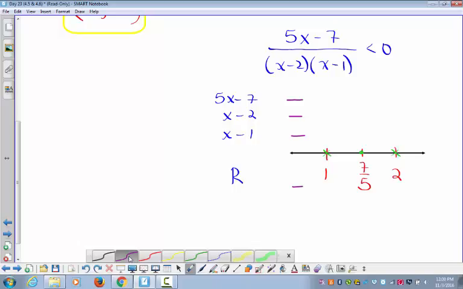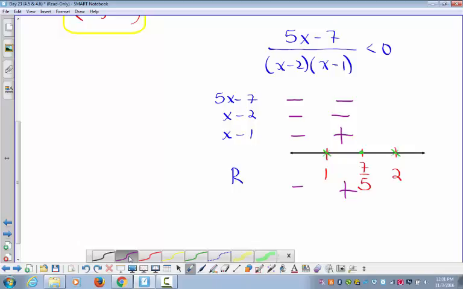So we have 5/5 and 7/5, so an obvious choice would be 6/5. If we plug in 6/5 right here, 6/5 times 5 is 6. 6 minus 7 is negative. 6/5 here is 1 1/5, and if you subtract off 2, that's definitely going to put you in the negative territory. Here, 6/5 minus 5/5 is 1/5. That's positive. Negative, negative is positive, times positive is positive.